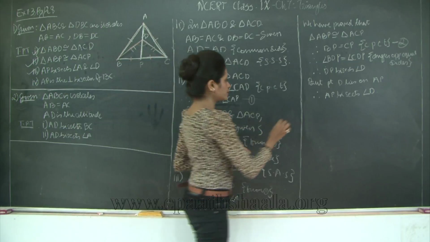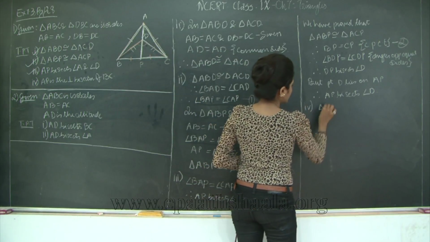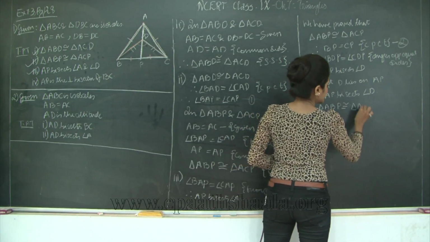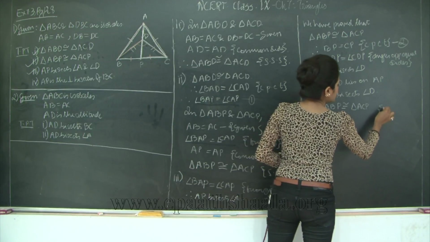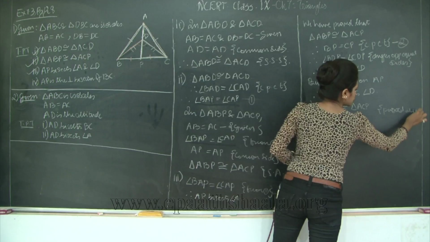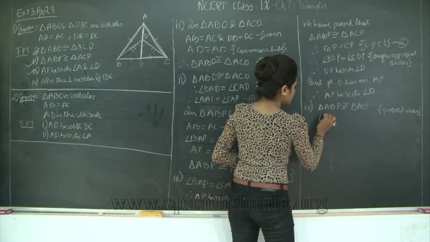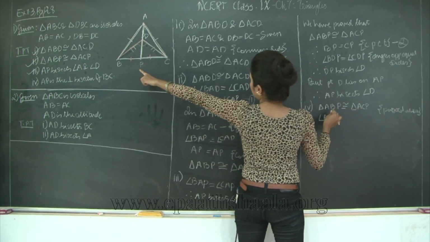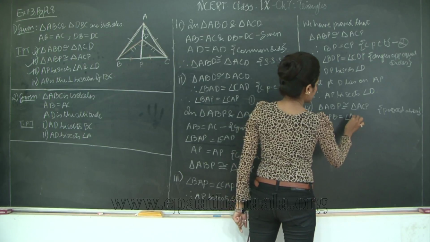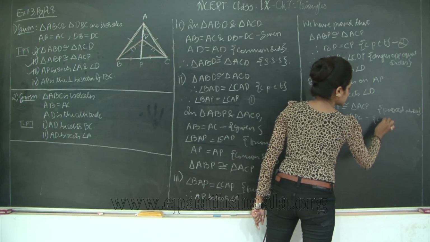So, how are we going to prove that? Let us see the fourth part. Triangle ABP is congruent to triangle ACP. We have proved this above, correct? Therefore, what do we have? Angle APB is equal to angle APC. Why? Corresponding parts of congruent triangles.